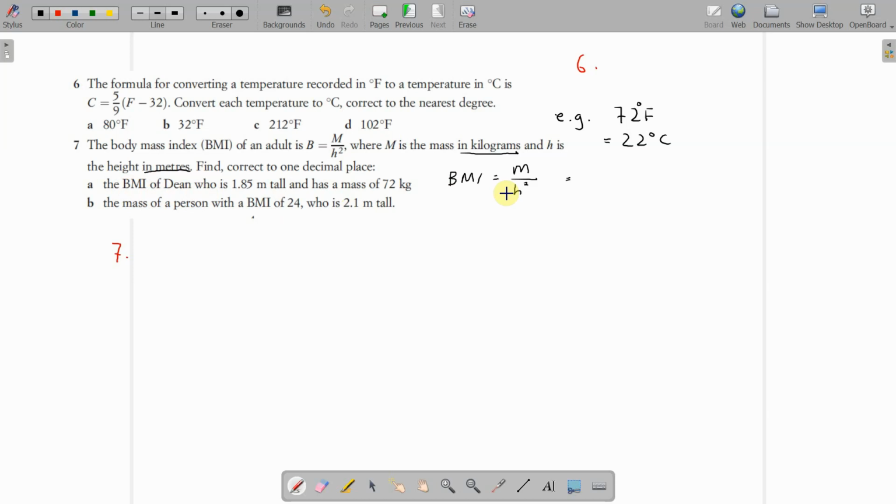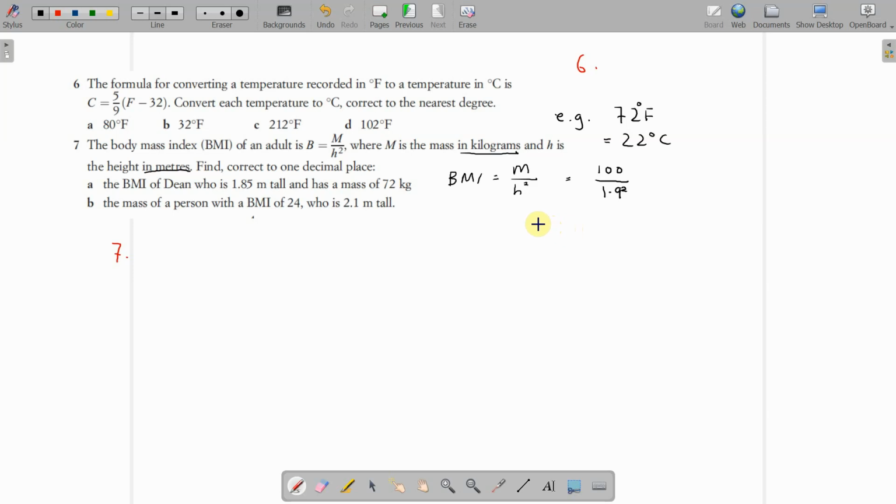Let's just say your mass is 100 and your height in meters is 1.9. That's your height, that's your mass, and you've got to square that.